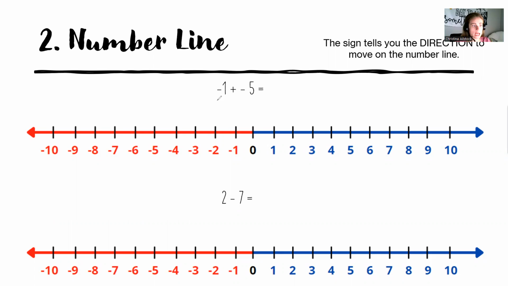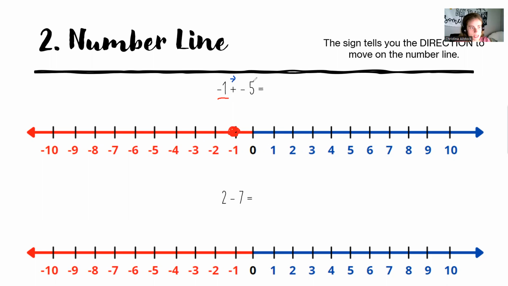So to use our number line, the first number tells us where we start, which is at -1. The second number tells us our direction, which would be to the right.